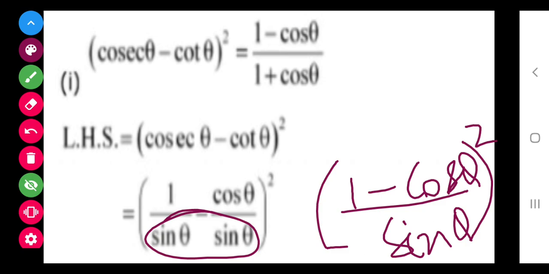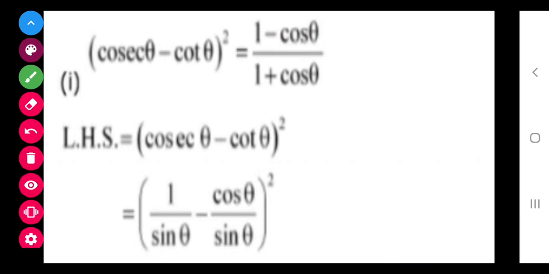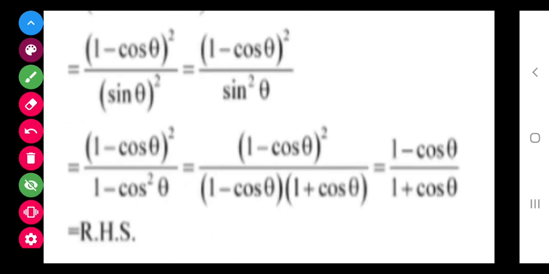Now we need this 1 minus cos theta, so we will take the square at the numerator and denominator separately. The same is done in the third part of it. Now sine theta whole square can be written as sine square theta. Nothing we will do with this because we need this in our answer, so we will work with this sine square theta only.